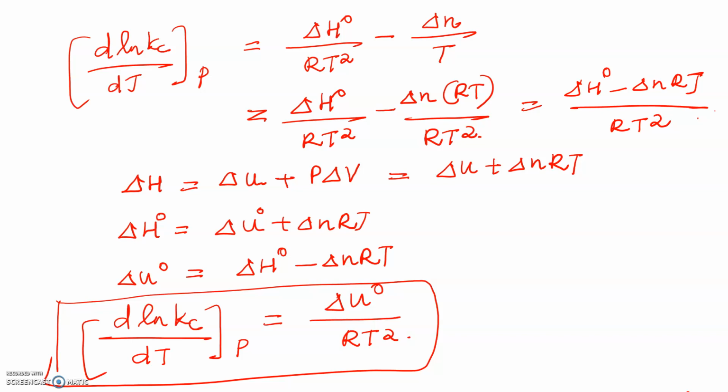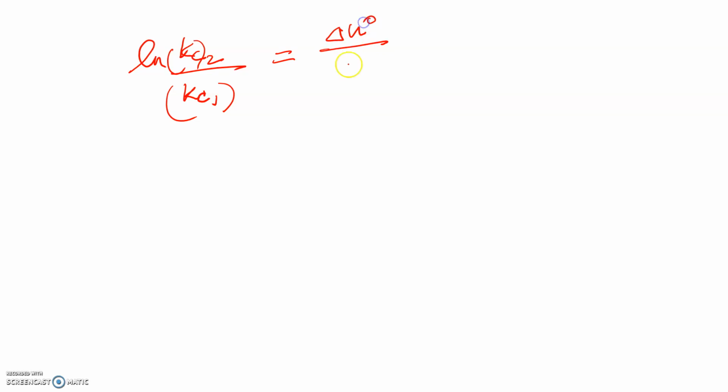Integrating this equation like we did before, we get ln Kc2 by Kc1 is equal to delta U0 by R into 1 by T1 minus 1 by T2.